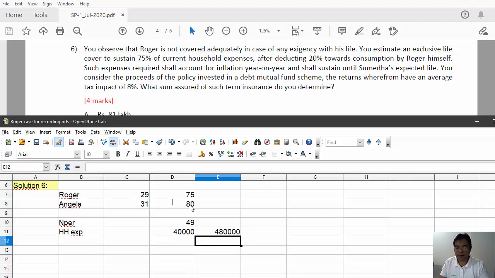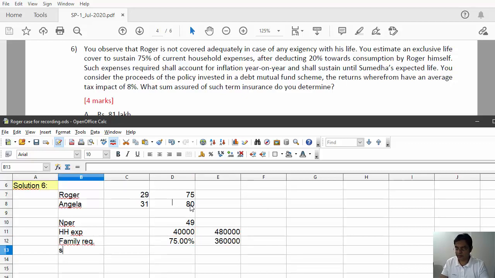Further, the second sentence says the family requires 75% of the current household expense. So the family requirement is 75%. Let's take 75% of 4,80,000.